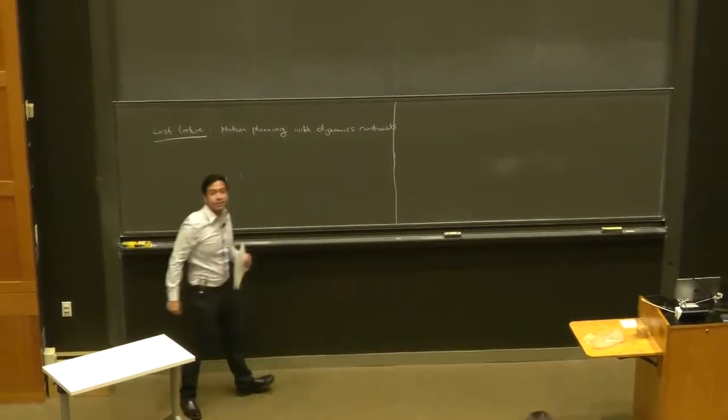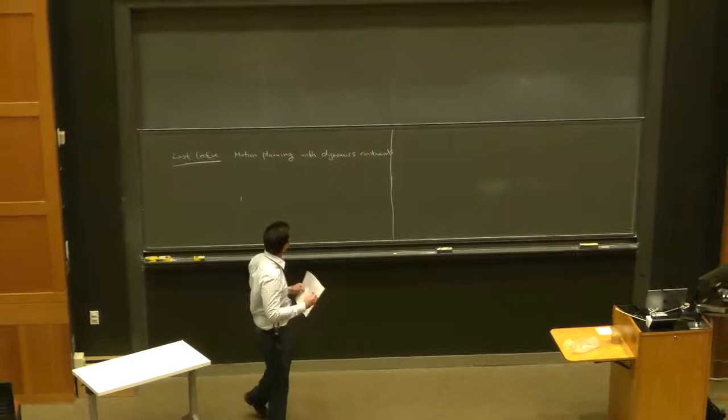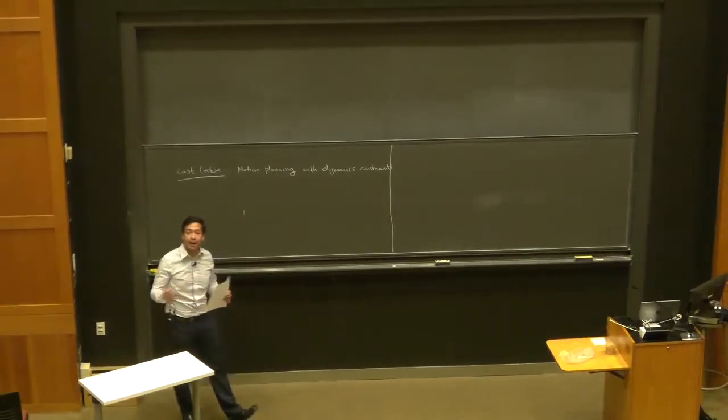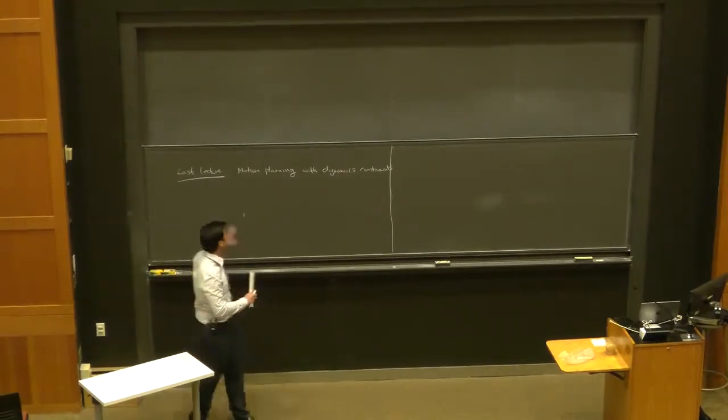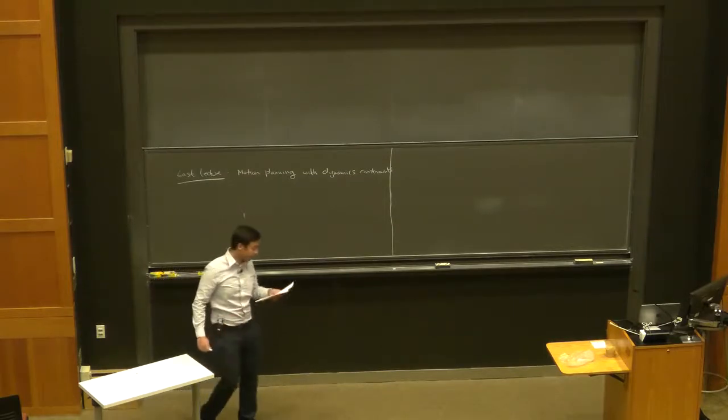In our first pass at the RRT algorithm, we didn't take into account constraints that your robotic system might have in terms of how it can move. That's what we started trying to fix in the previous lecture.